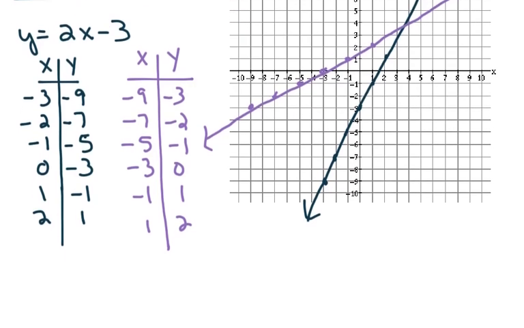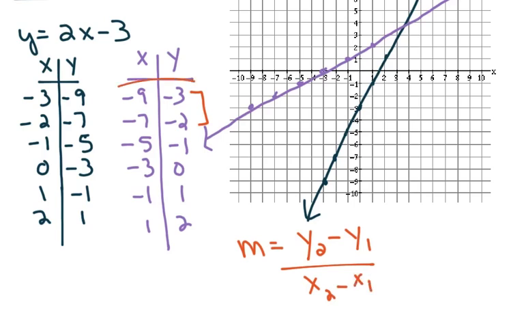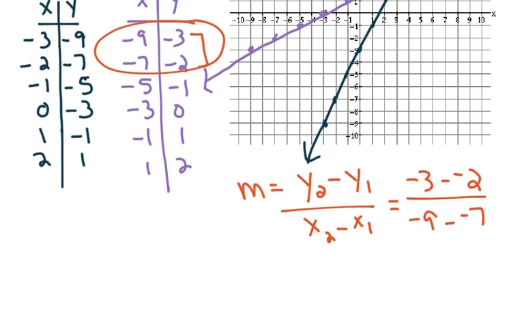So here's a review of something you might have learned in Algebra 1. The slope was y2 minus y1 over x2 minus x1. So if I use these two ordered pairs, y2 minus y1, watch for those double negatives, over x2 minus x1.